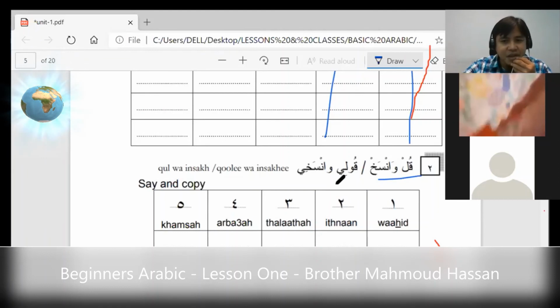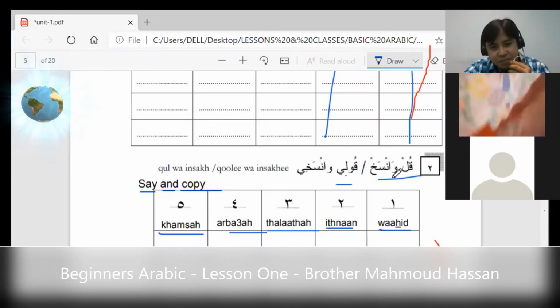And for the female, I would say قولي وانسخي, meaning say and copy. And then you have here واحد, اثنان, ثلاثة, أربعة, خمسة.